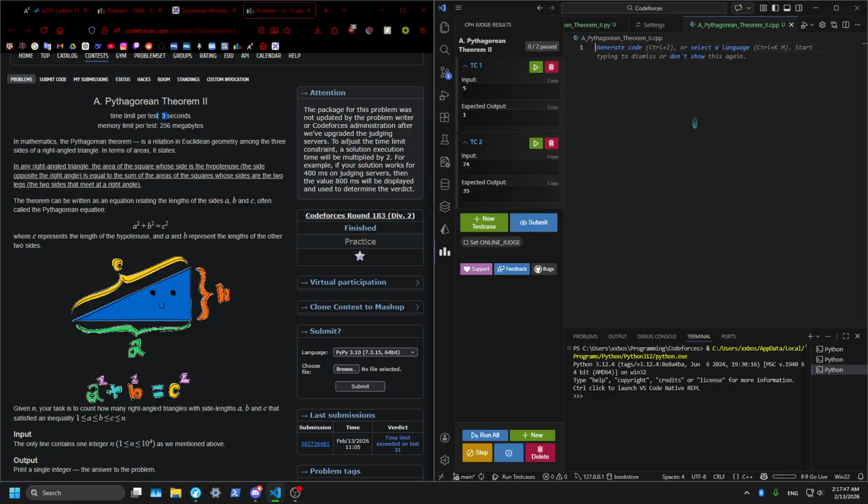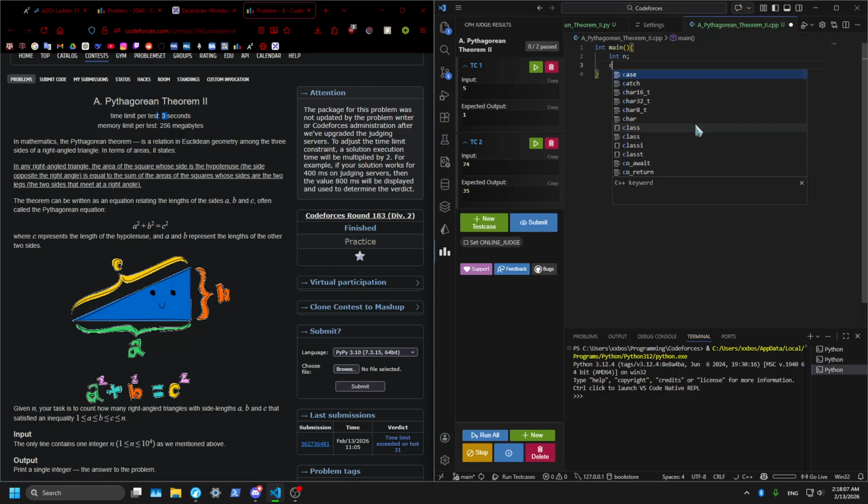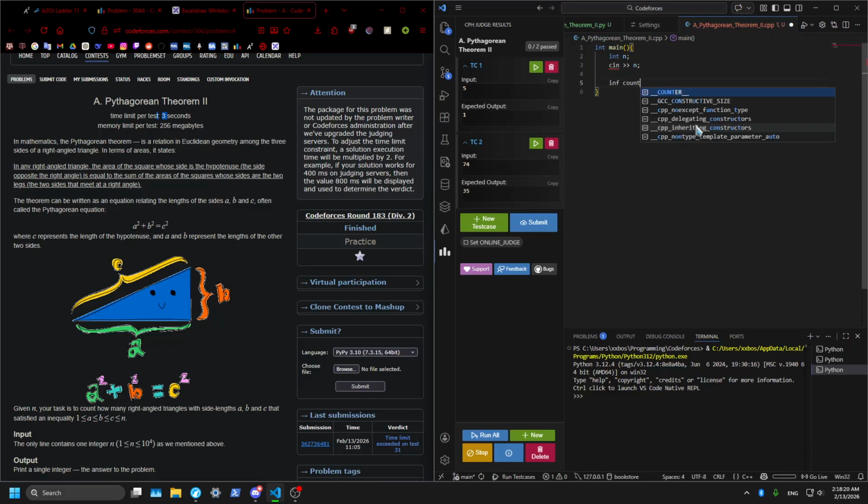Let's see if I remember how to use C++. int main. int n; cin >> n. So that should take in our inputs, and then we can have int counter equals 0.